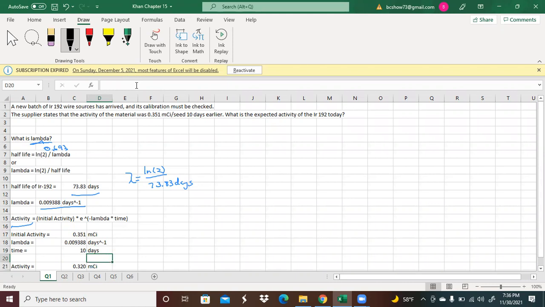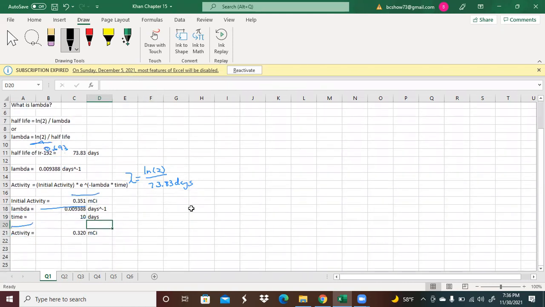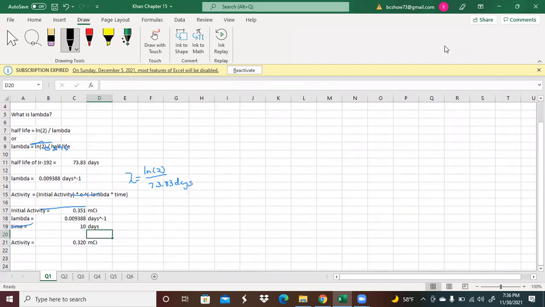There we go. So the activity, let's see if I can clear this out. The activity ends up being, I'll write it like this, equals A naught e to the minus lambda t.